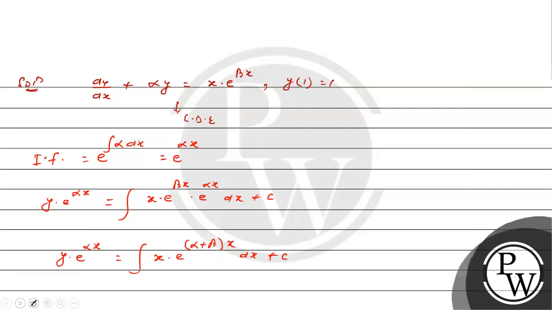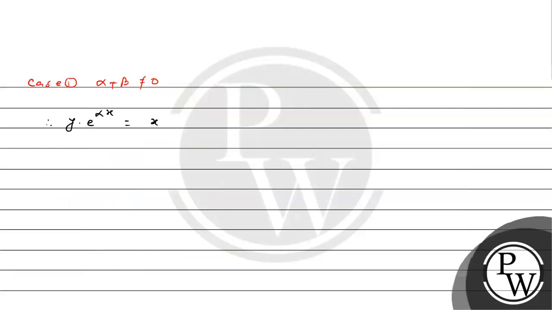I let x be the first function and integrated e, so we get e^((alpha+beta)x) divided by the coefficient of x, which is alpha plus beta, minus the integral of d/dx of x times the integral of e^((alpha+beta)x), divided by alpha plus beta, dx, plus c.